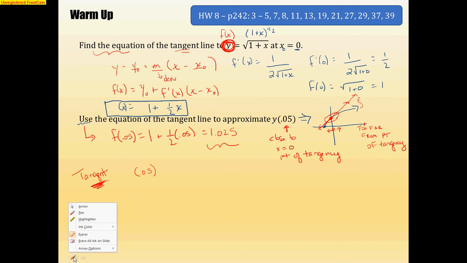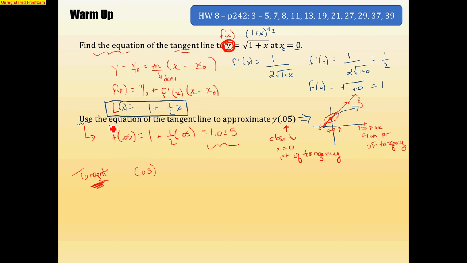Instead of calling the equation of the tangent line f of x, to differentiate, pun intended, from the original function, how about we call this capital L of x for the line of tangency, or the linearization of the original function.